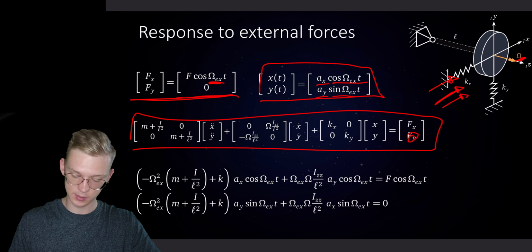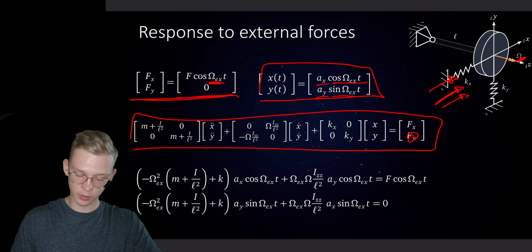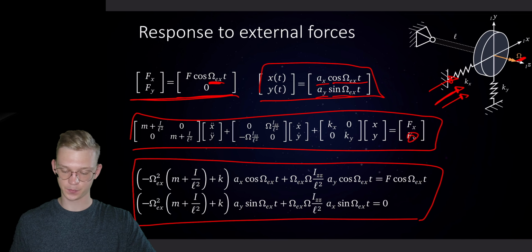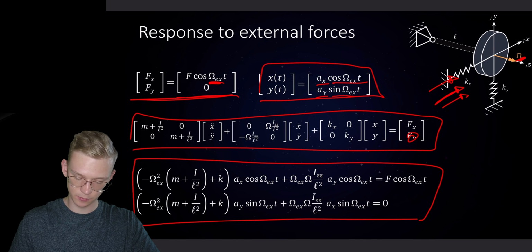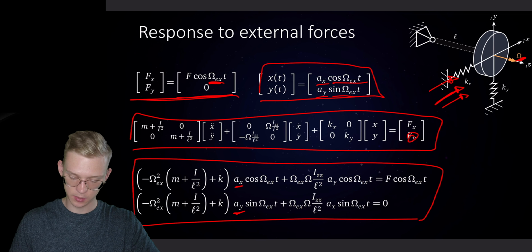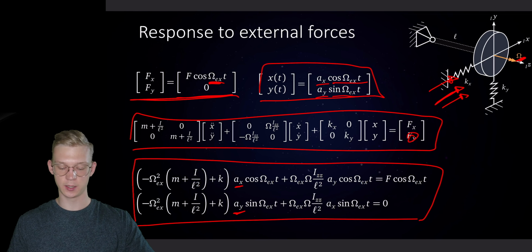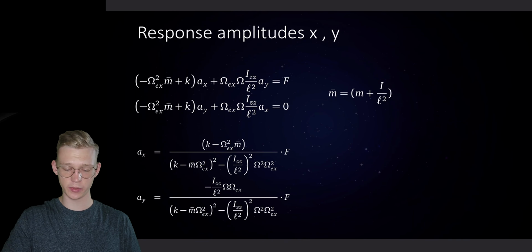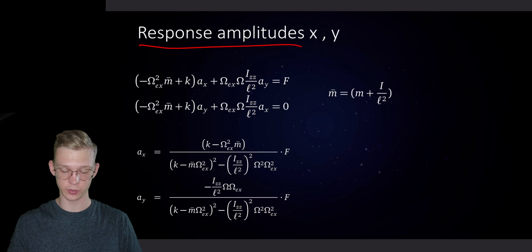We know that y is 0, and it will leave us with these two equations. And now, just because we have two equations and two unknowns, Ax and Ay, we can solve directly for Ax and Ay. So these are our response amplitudes.